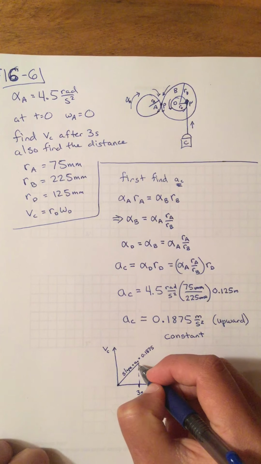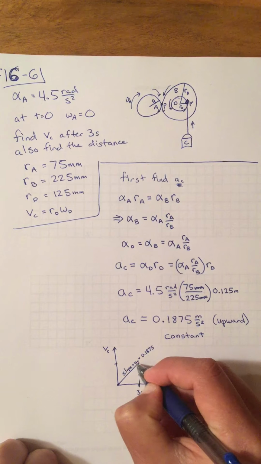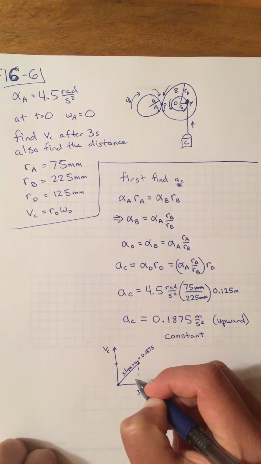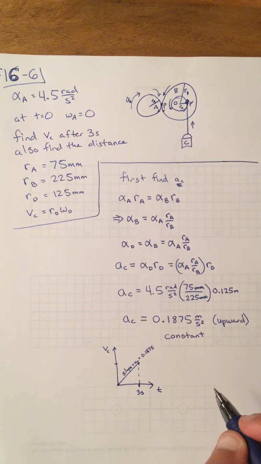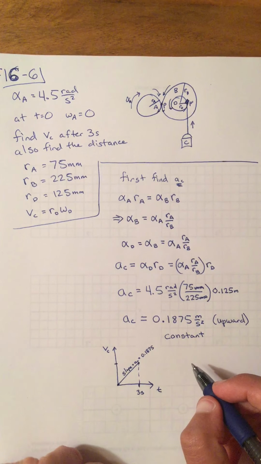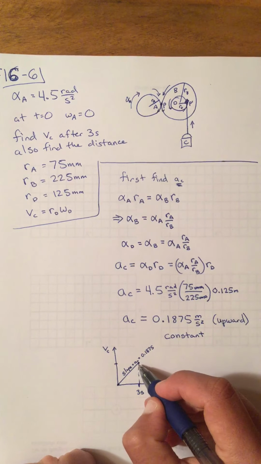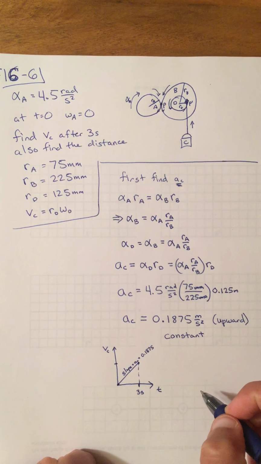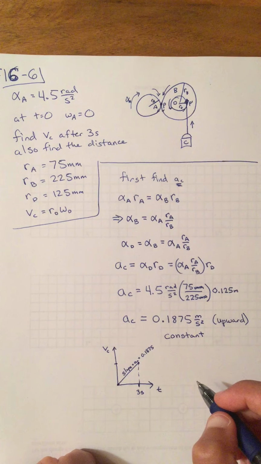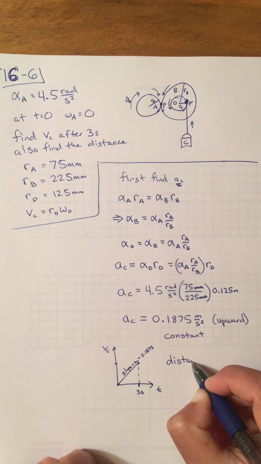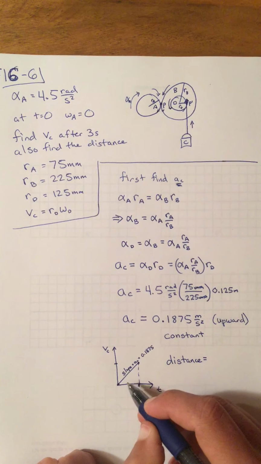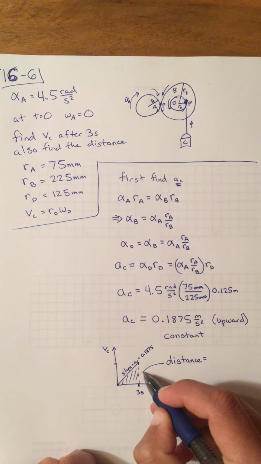We want to find the velocity at 3 seconds. That would be this velocity here. We also want to find the distance. The distance is the area underneath the curve. And the velocity is what I have here. So I can say the distance is the area of this triangle here.